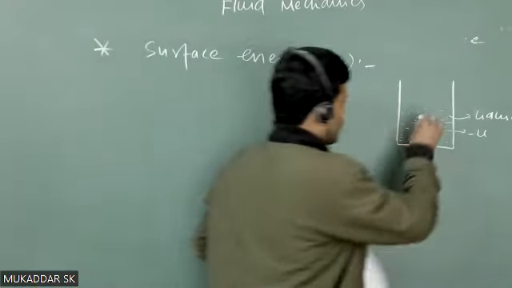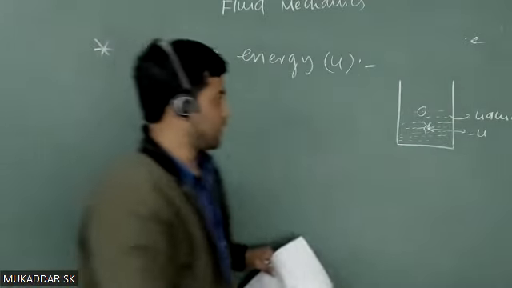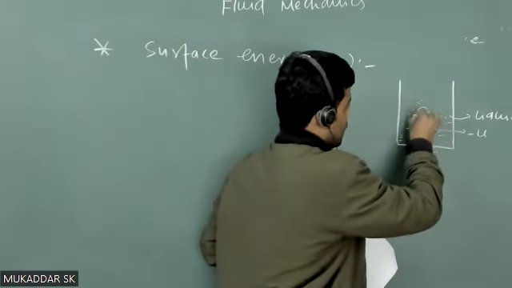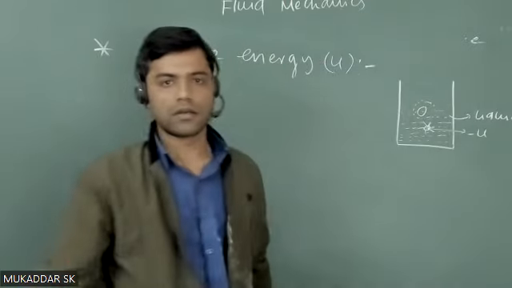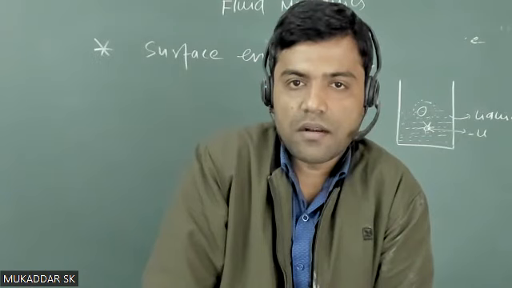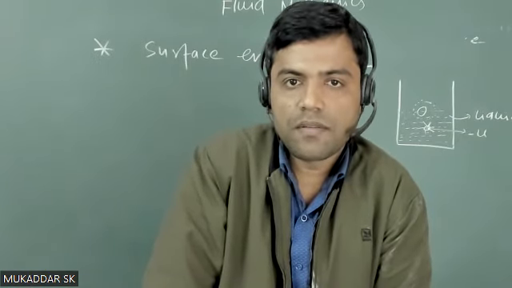The molecule lying on the surface is only attracted from one side. If I take a sphere, only half of the sphere is attracting this molecule, not from every side.